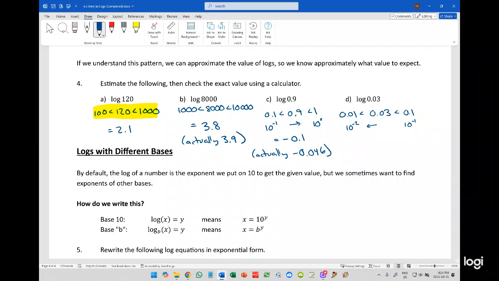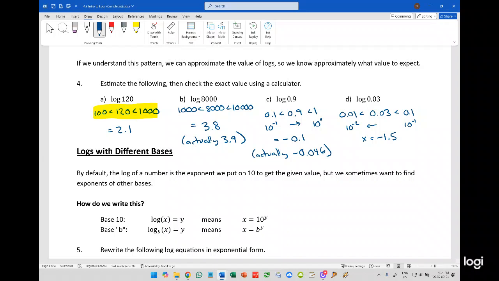This one I think is actually going to be almost exactly negative 1.5. But either way, as long as you could guess that it's a number between negative 2 and negative 1, you'd be okay. And if I put 0.03 into my calculator and take the log of it, I get negative 1.52. So very close to that number.